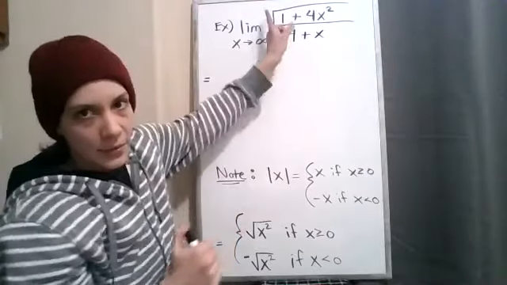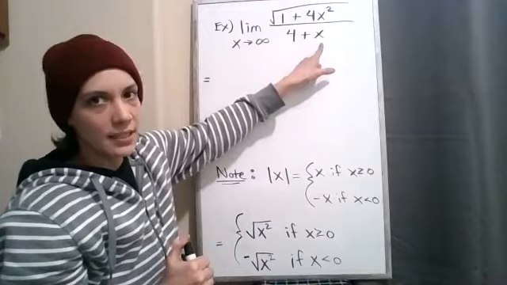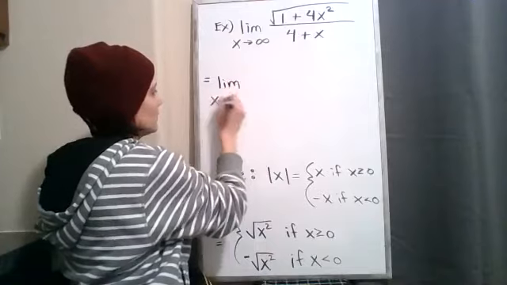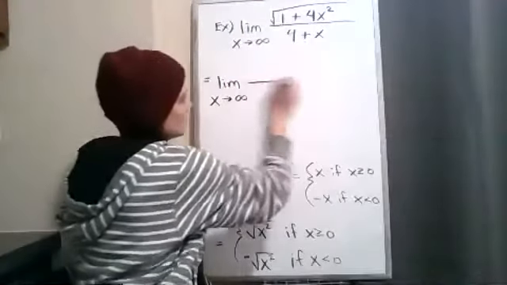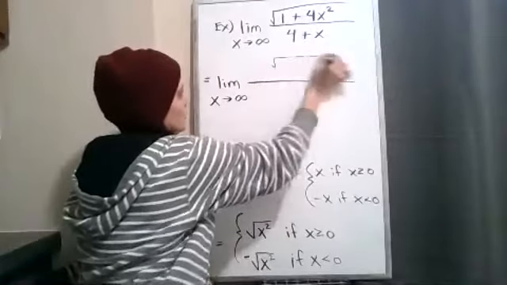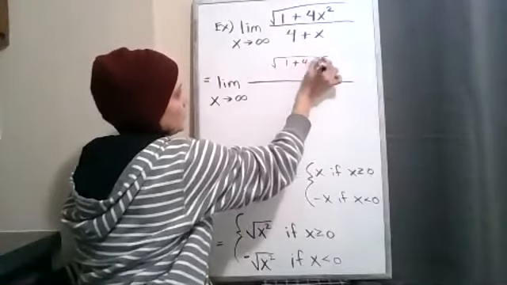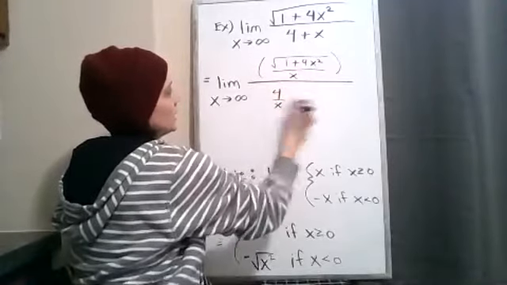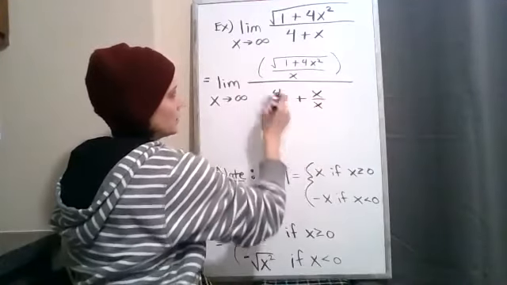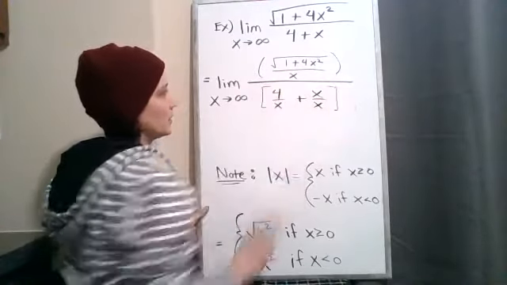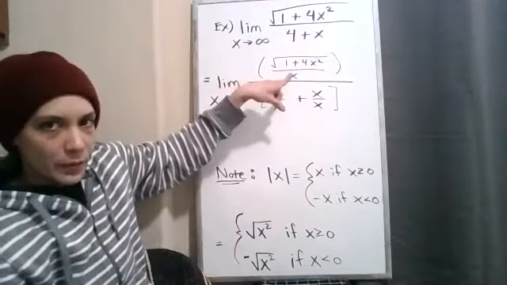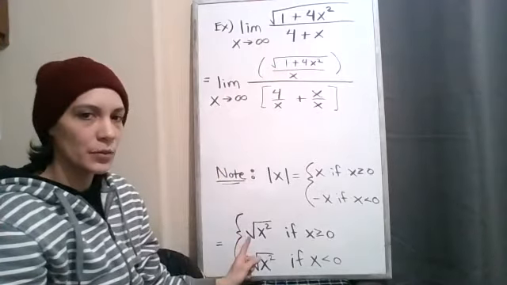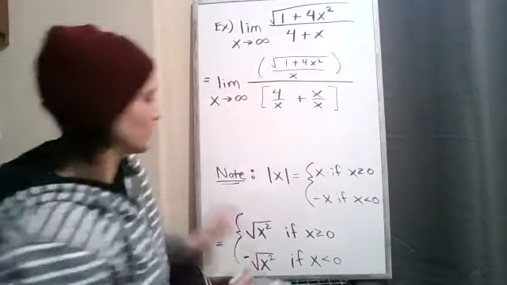We're going to divide through by the highest power in x, which is x. So it's the root of 1 plus 4x squared over x, and then we put 4 over x and x over x. That's my denominator. I will replace this x, and it's a positive x because we're going to positive infinity, so we're going to put in root of x squared instead of x.